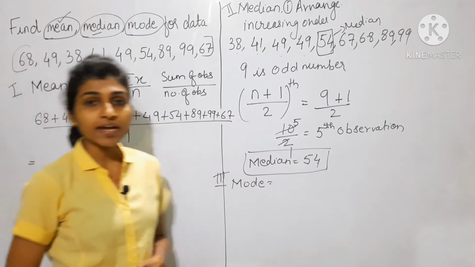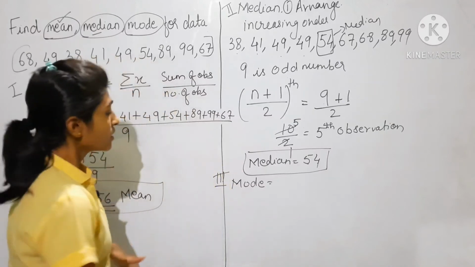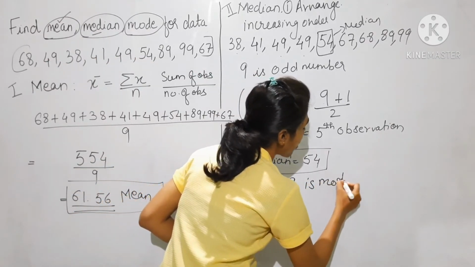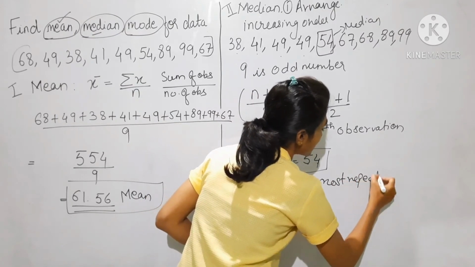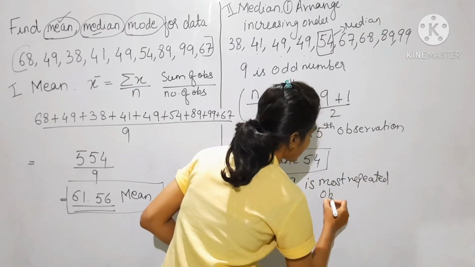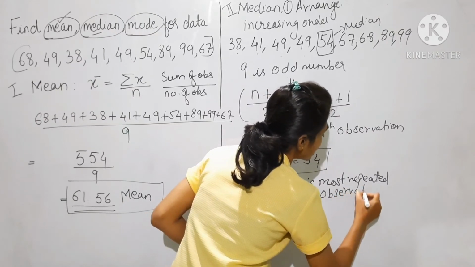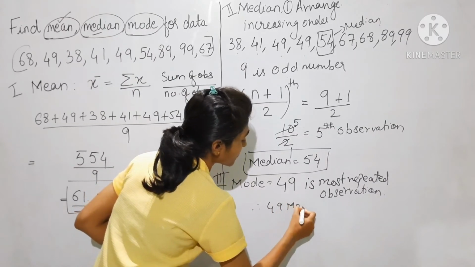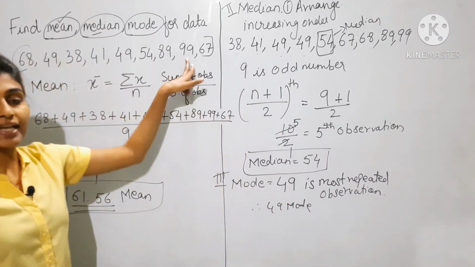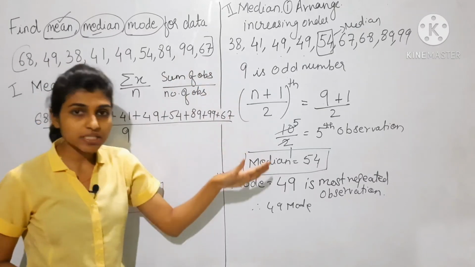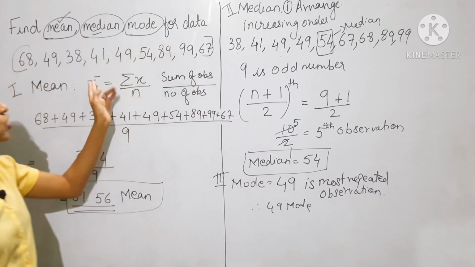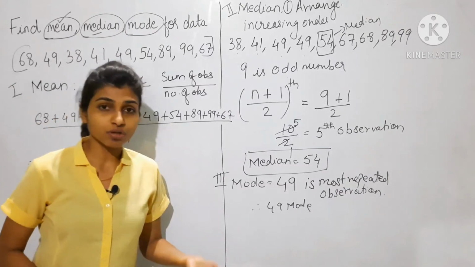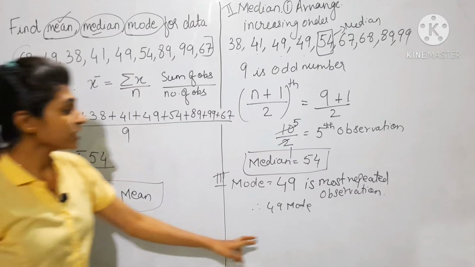That's why 49 is the mode, because 49 is the most repeated observation. We cannot say 99 is the mode, because though it is the largest number, 49 is repeating more than one time. That's why the mode is 49.